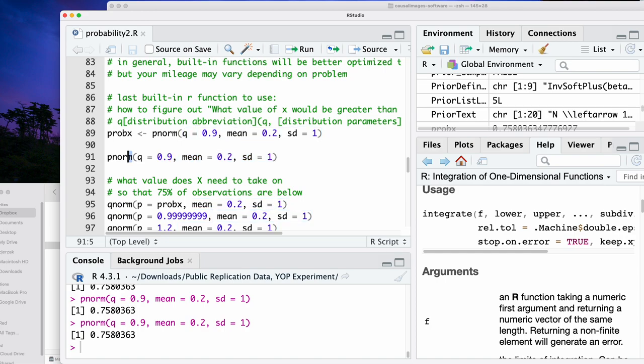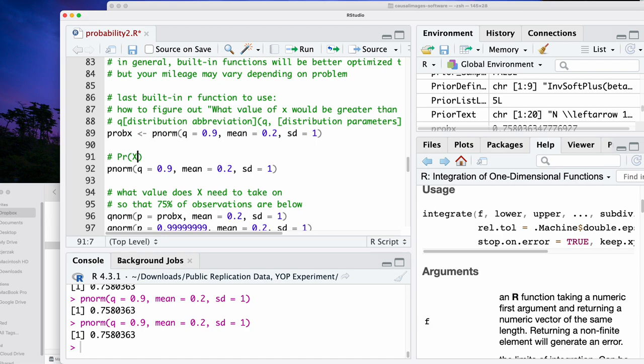So pnorm gives us values from the cumulative distribution function. In other words, what's the probability that the random variable takes on a value of q or below. Here, what we've been using as X, they use q, so it's just notation really. The answer that we get in this case is 0.758.